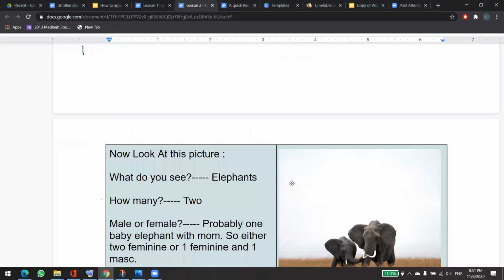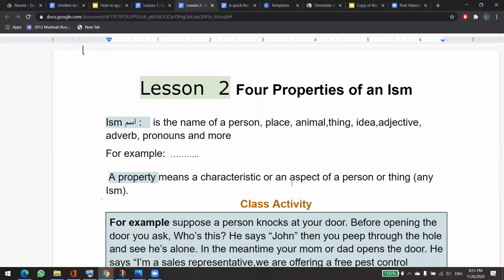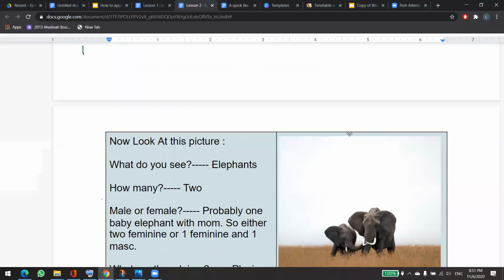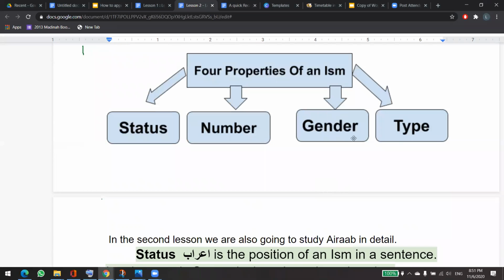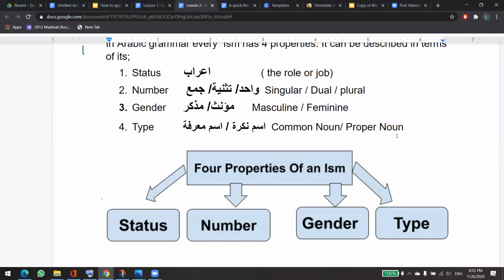But in today's lesson, we learned that there are 4 properties of an ism, which are status, number, gender, and type. And in status, we learned that there are 3 statuses in Arabic grammar: Rafa, Nasab, and Jar.